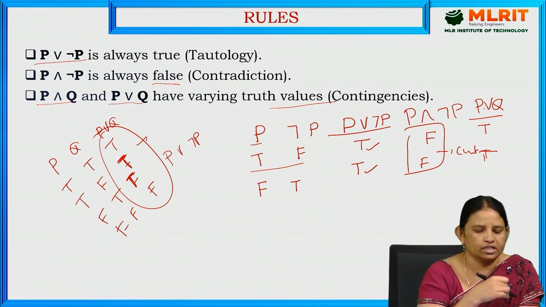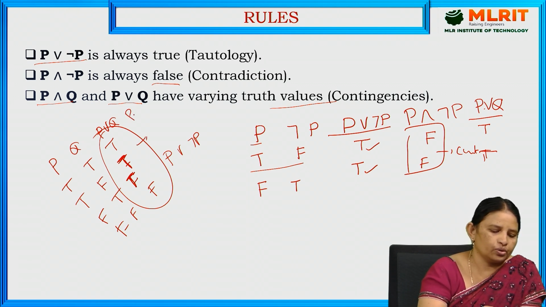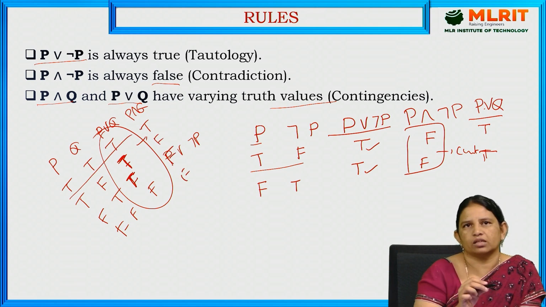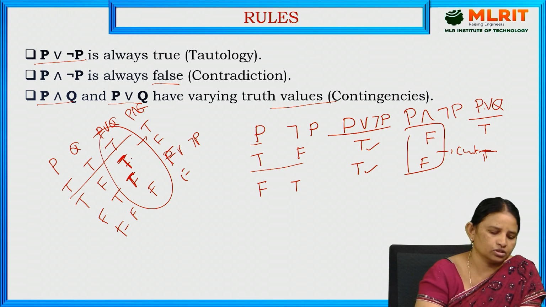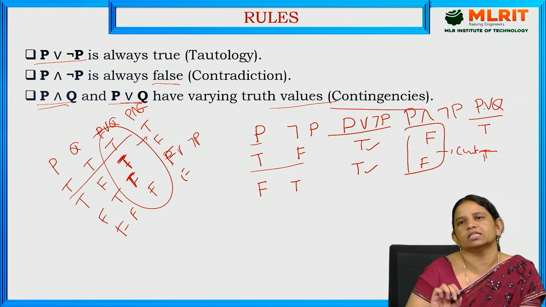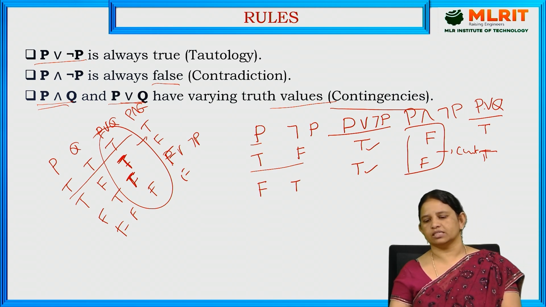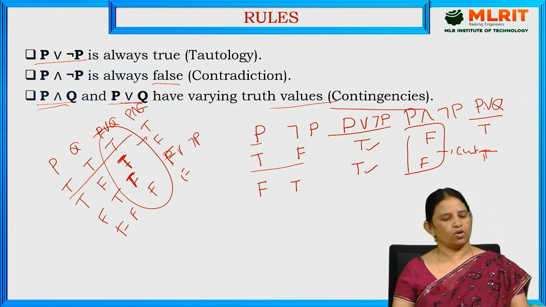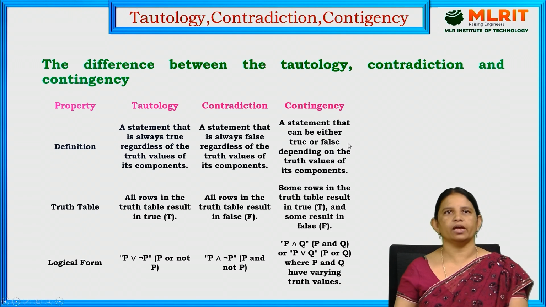So it is a contingency. We consider P and Q also. P and Q returns a false because only if two propositions are true does it return true. For all the remaining combinations, it returns a false. So P or Q, or P and Q, both are contingency. So, what is meant by tautology? What is meant by contradiction? What is meant by contingency?